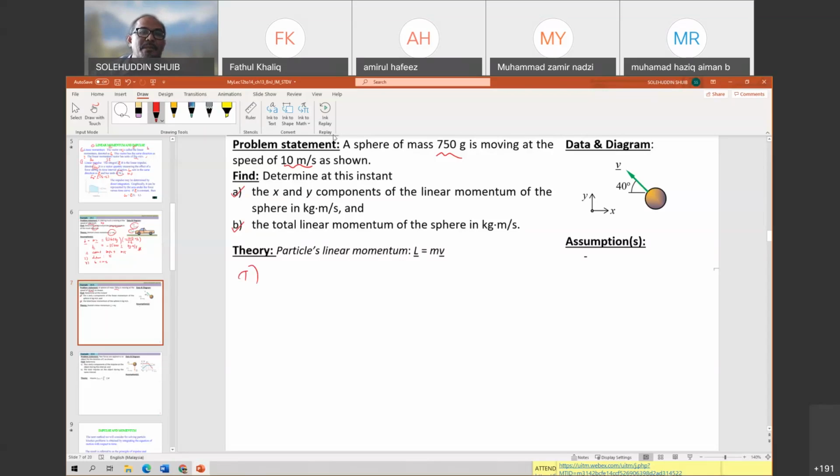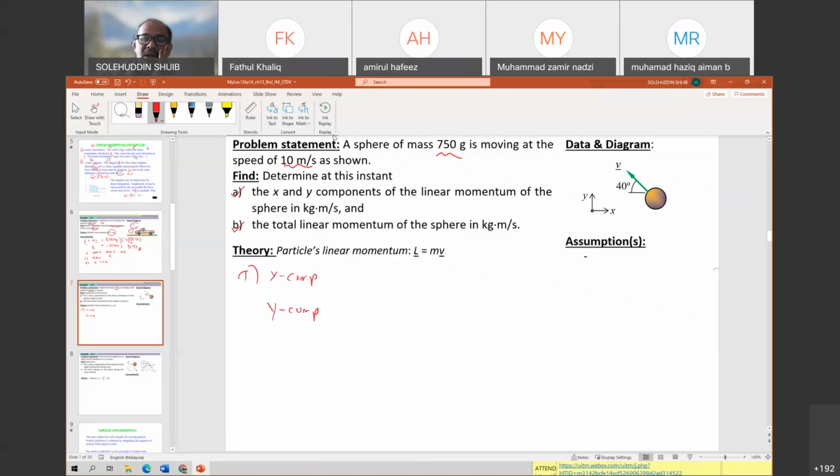For part A, the x and y component of linear momentum. We start to find the x component, and also the y component.